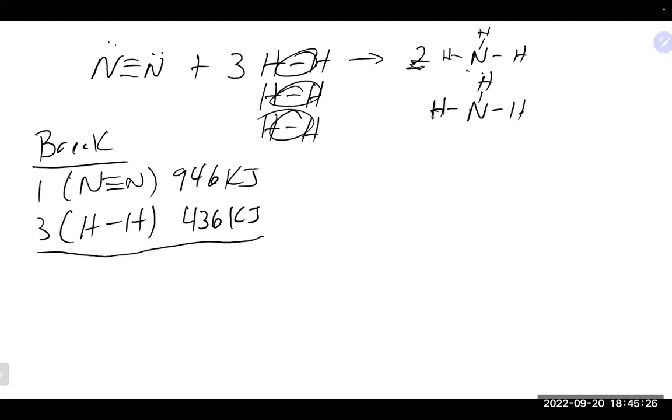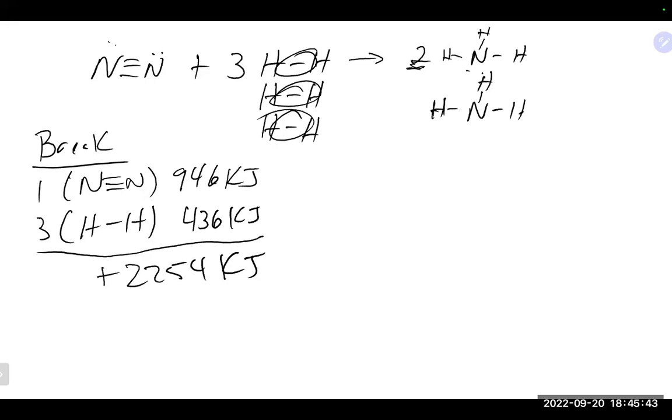I think that is all we're breaking. So that's going to get us 3 times 436 plus 946, which looks like 2254 kilojoules. Once again, breaking is endothermic, so it will be positive.